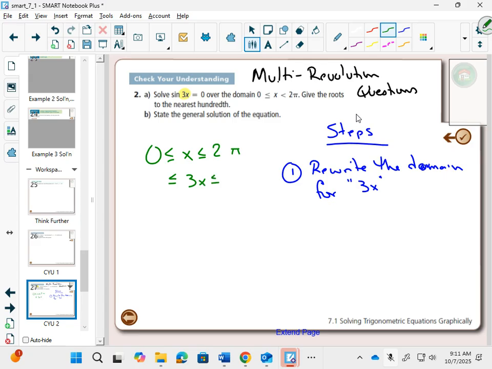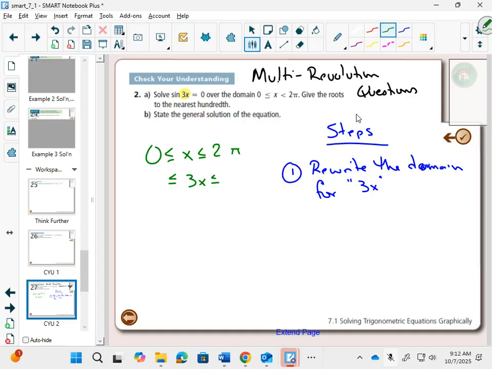Okay? And this is really a simple idea of, if I got you to pick a number between 1 and 10, you'd all pick a number between 1 and 10. And then I say, times it by 3. Does it make sense that everybody's numbers is now between 3 and 30? They started between 1 and 10, and then I said multiply by 3, and now my numbers are between 3 and 30.